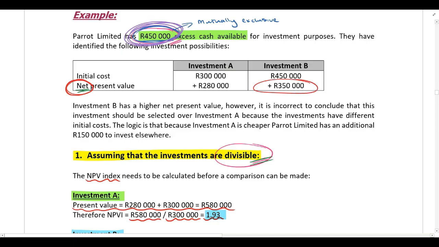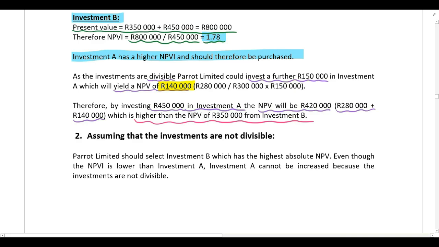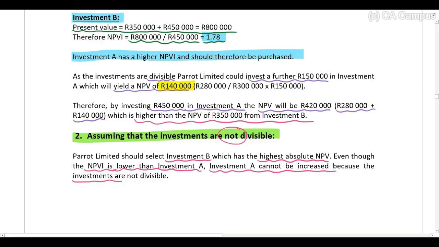Investment B. So you can see just below, assuming that the investments are not divisible, we should then select investment B because it has the highest absolute net present value. So even though its net present value index is lower than that of investment A, it cannot be increased because the investments are not divisible. So the company will then be better off by investing in investment B.